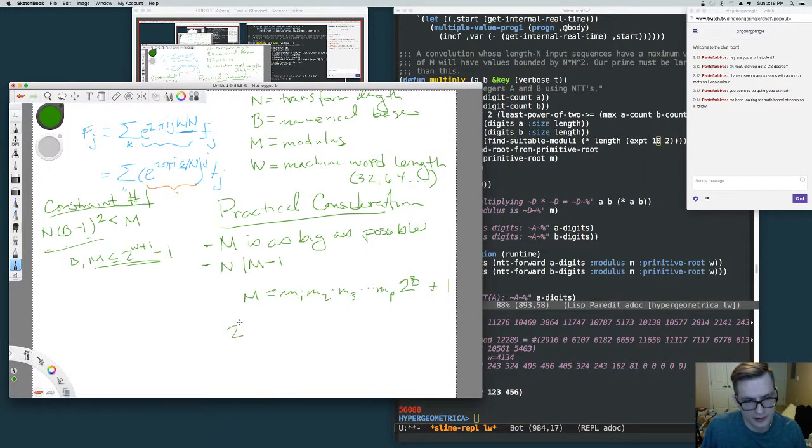So 2 to the power of the log length, L, has to divide m1, m2, up to mp, 2 to the q, which is fine. All that means is that this L has to be smaller than or equal to this q, which is easy. This is an easy constraint, and almost trivially satisfied by most of the things that we're going to search for.